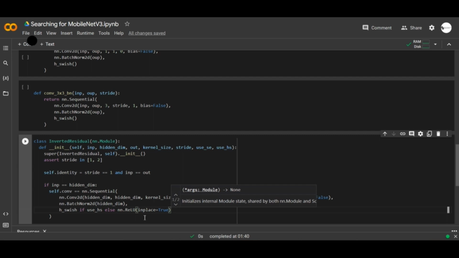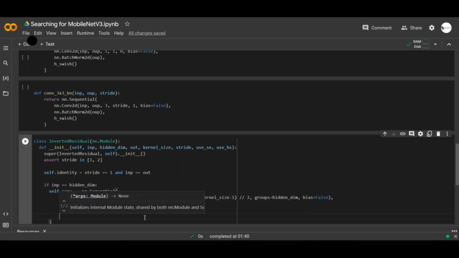Okay, and now we implement the squeeze and excite as I showed you in that image, that the inverted residual in MobileNet has that squeeze and excite layer. So that's what we're gonna do now.